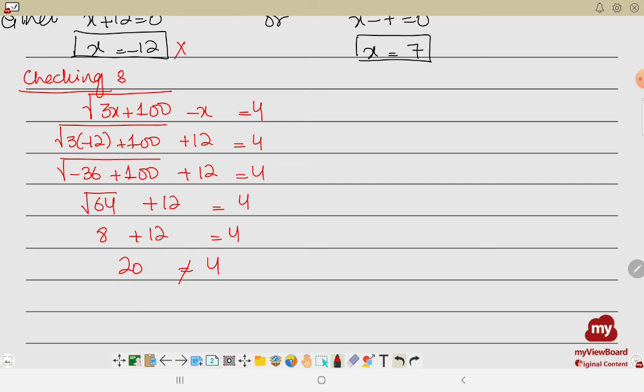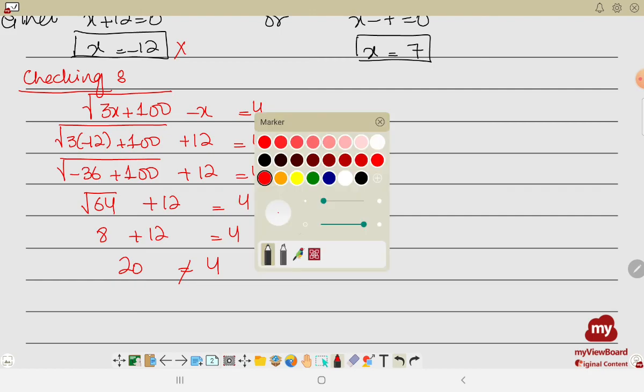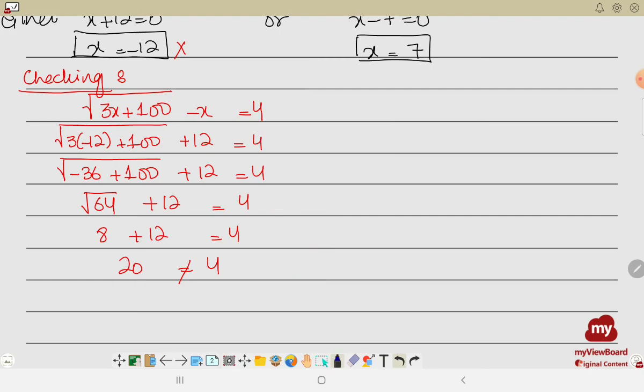Let's check for the value of x equal to 7. Let me change the color. Now I am inserting the values directly. Instead of x, you'll write 7: square root of 21 plus 100 minus 7 equals 4.